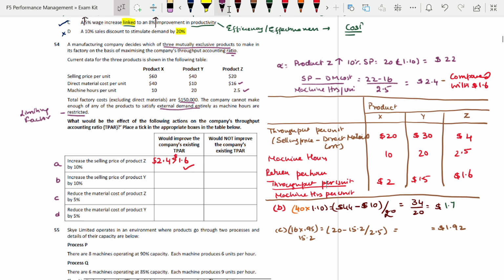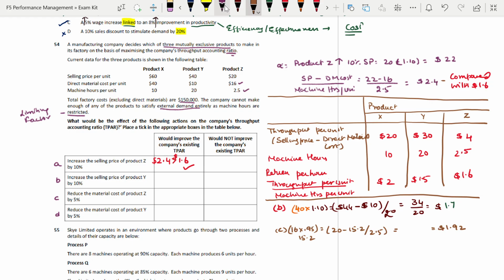Okay, once again, three mutually exclusive projects to make in the factory on the basis of maximum. Mutually exclusive: if you take one, the others we have to exclude. Current data, 1, 2, 3.